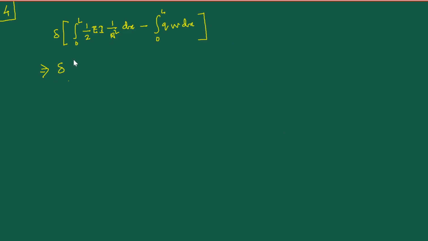So first of all, I considered the replacement of this 1 by r by this d squared w dx squared, because this is 1 by r squared, this dx, and then we have this term.